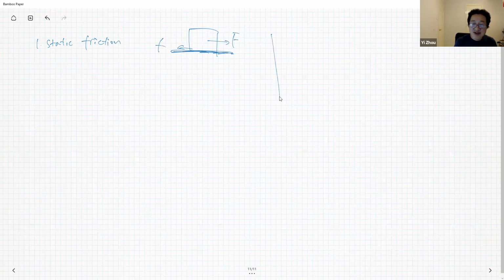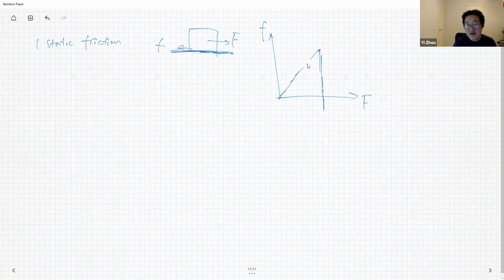So you increase your force. Let's say this is the force you apply, and this is the friction. Before this value, whatever you apply to the block, it will not move.